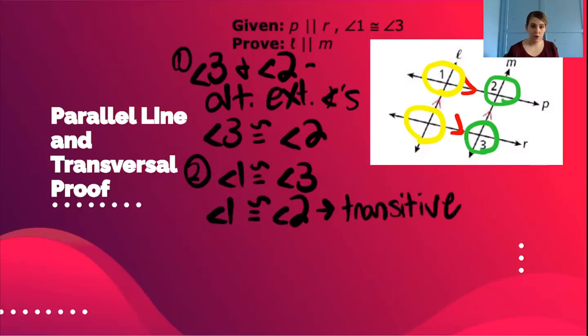Finally, for 3, I want to prove that those two lines are parallel. Now I'm going to look at my relationships in the opposite way. So looking at instead of vertical to horizontal, now I have two other groups.